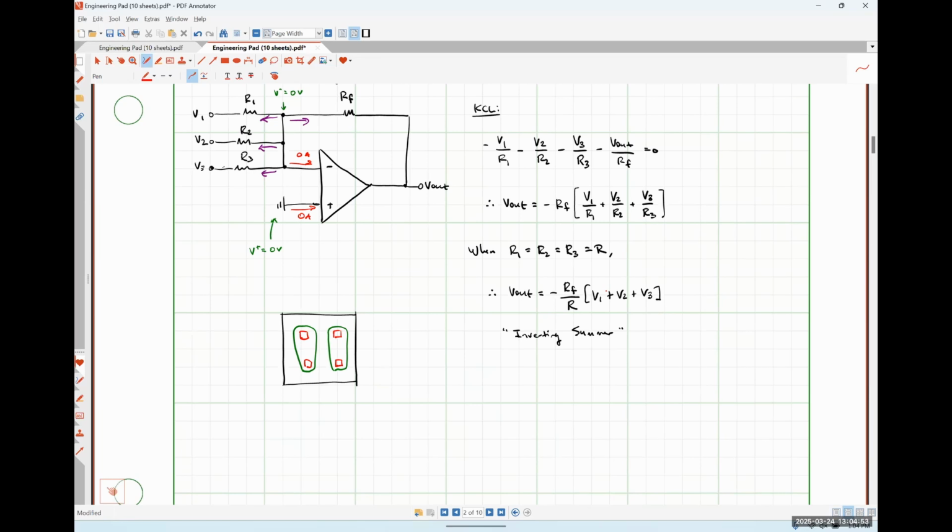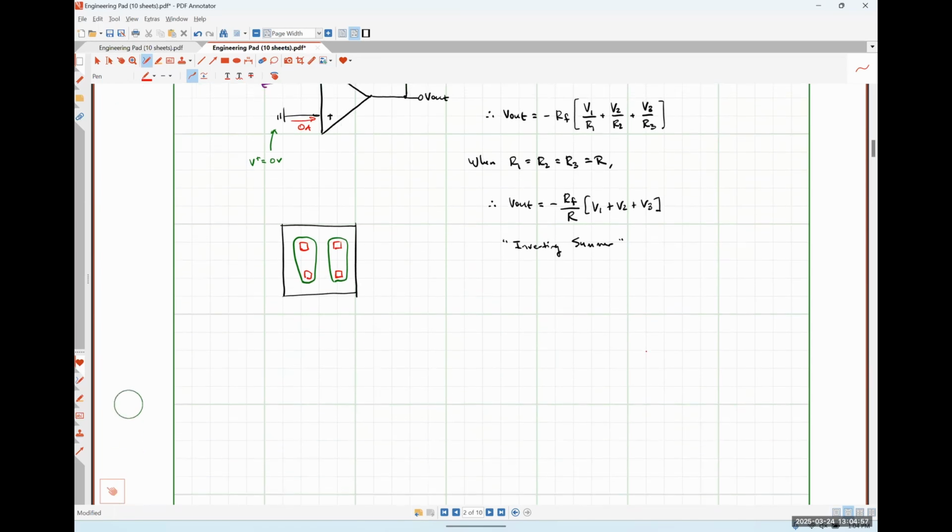Okay. So answering Josh's question about the inverting and non-inverting inputs, we're going to look at what's called a differencing amplifier.